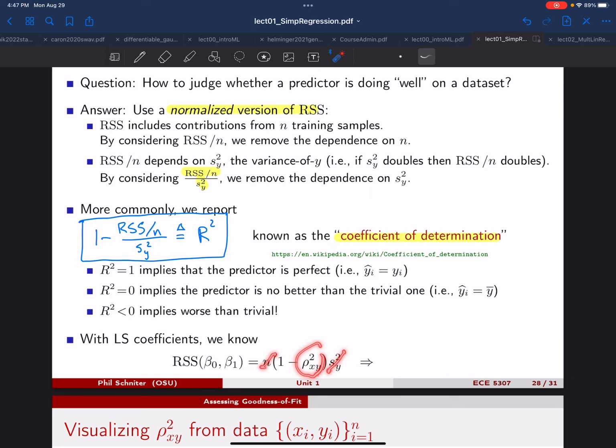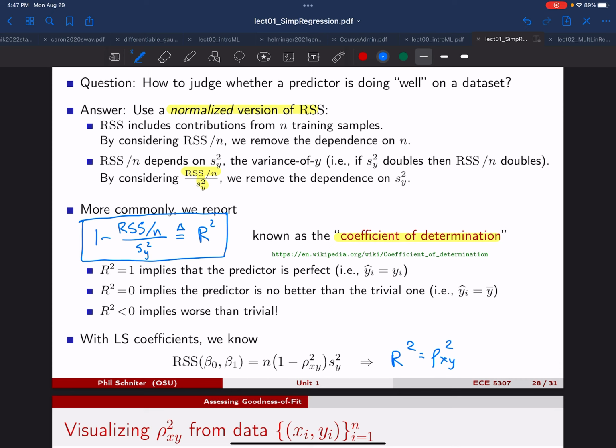All that's left is rho xy squared. So actually, r squared is nothing more than rho xy squared. Okay, so that's another way of interpreting r squared. It's really just this normalized correlation coefficient squared.